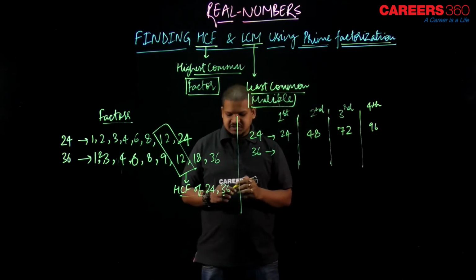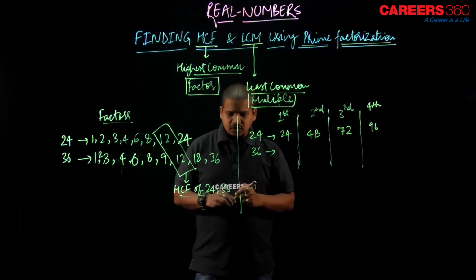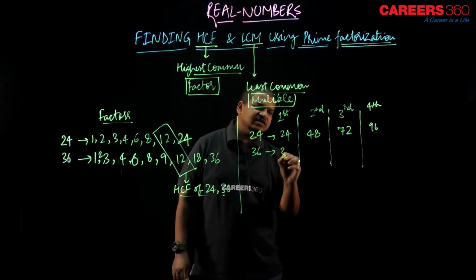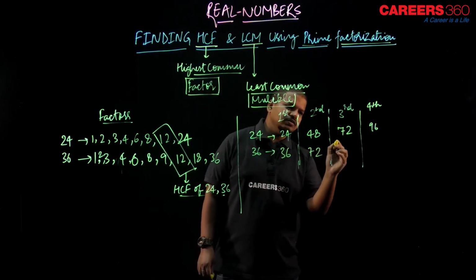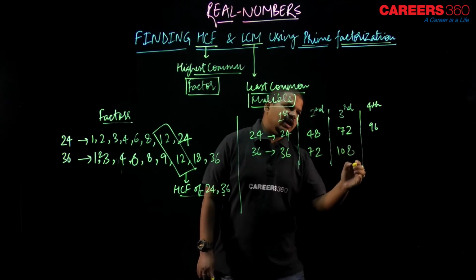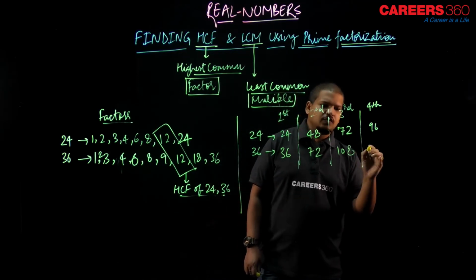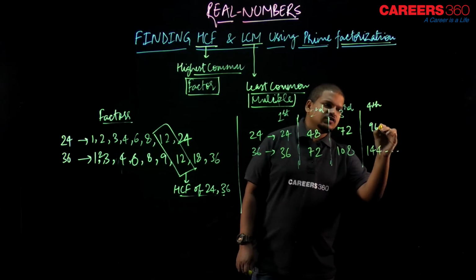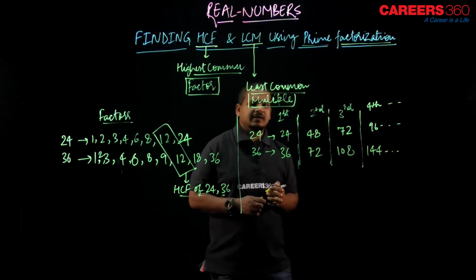What about 36? Can you recall the multiples of 36? 36 ones are 36, 36 twos are 72, 36 threes are 108, and 36 fours are 144, and so on. This goes on, right?